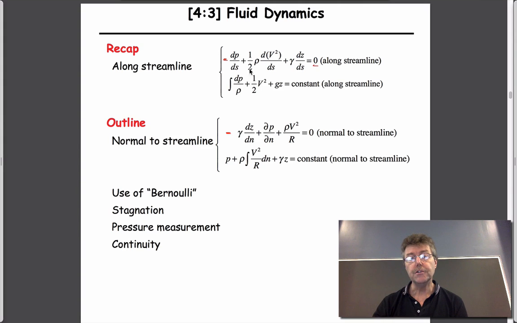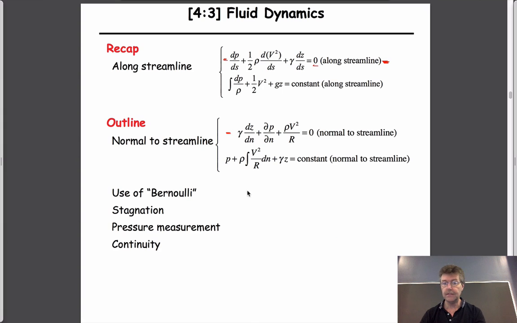So what we could do, and what I'd like to do, is take each of these, and instead of taking the normal Bernoulli that we use, I'm going to take the differential format of it. And I'm going to write them just out here, in a normal form. So this is change in pressure with direction along the streamline.